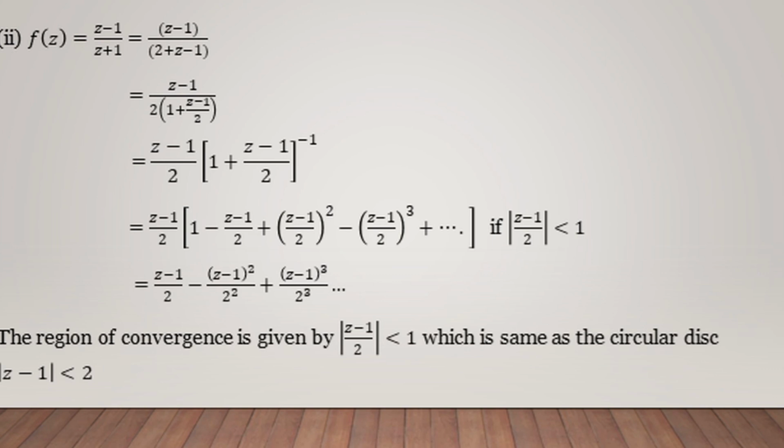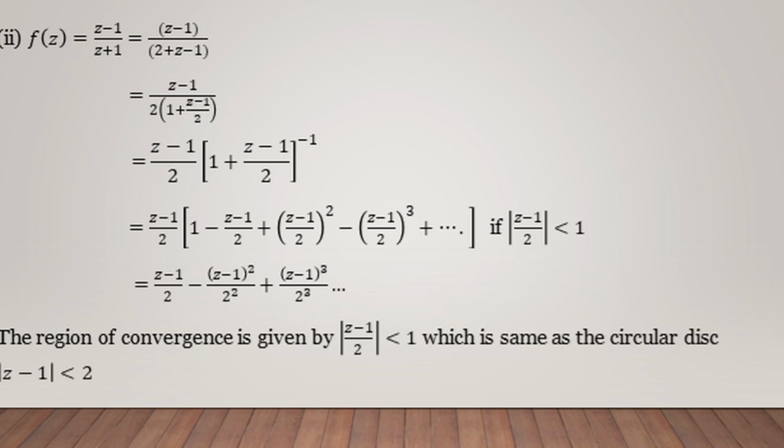We know the formula for 1 plus z minus 1 divided by 2 the whole inverse. By substituting the formula, we will get z minus 1 by 2 into 1 minus z minus 1 by 2 plus z minus 1 by 2 the whole square minus z minus 1 by 2 the whole cube, etc.